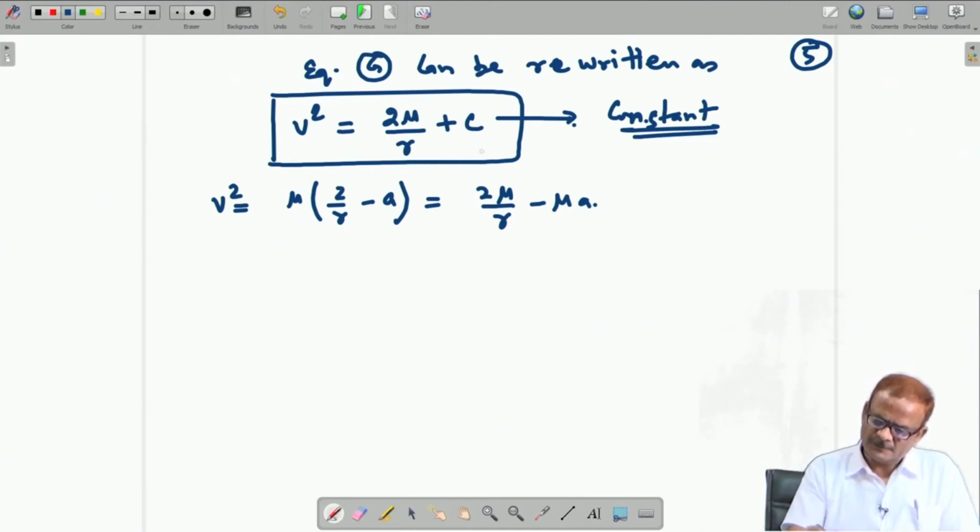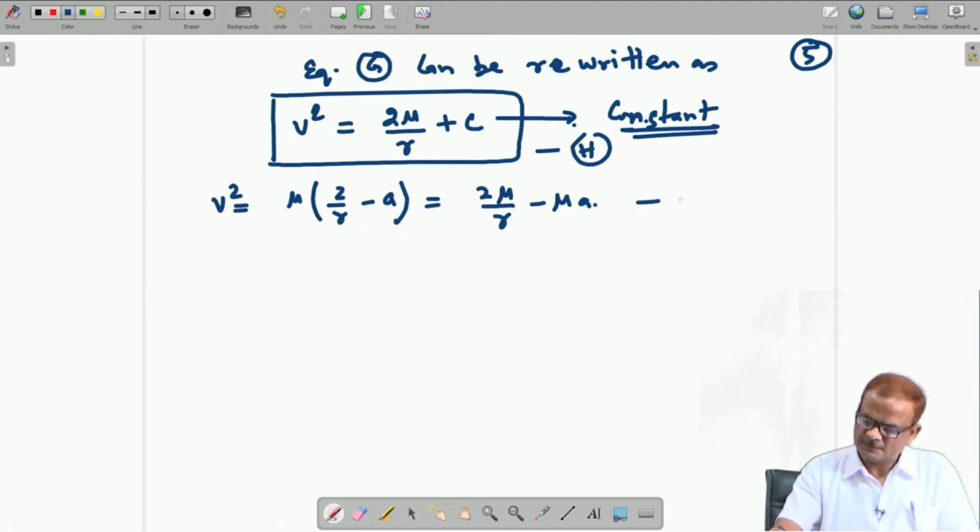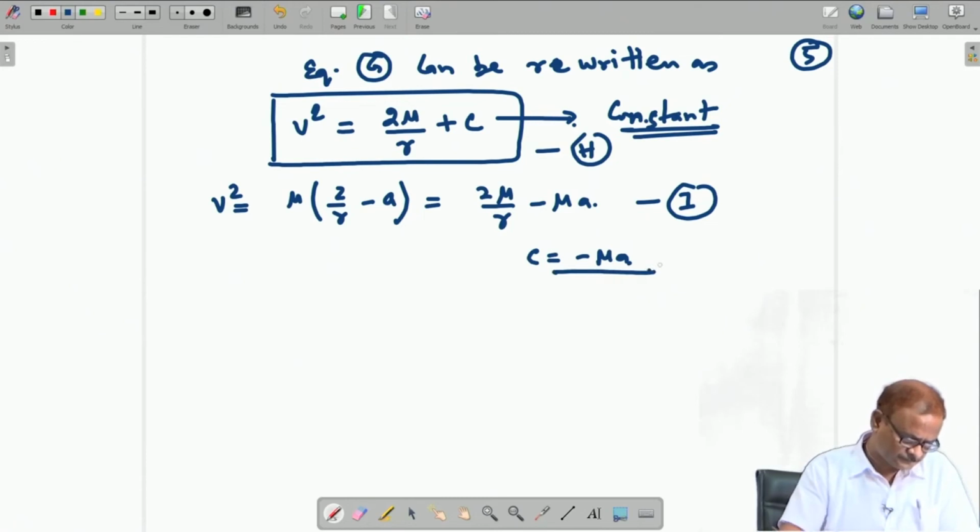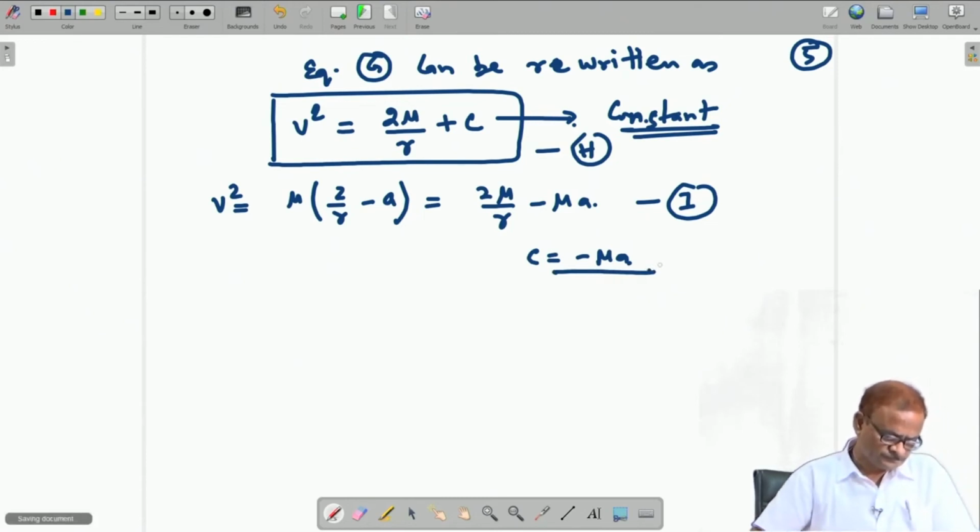So, this is equation number h, this is i. If we compare the two, this c turns out to be c equal to minus mu by a. Okay.